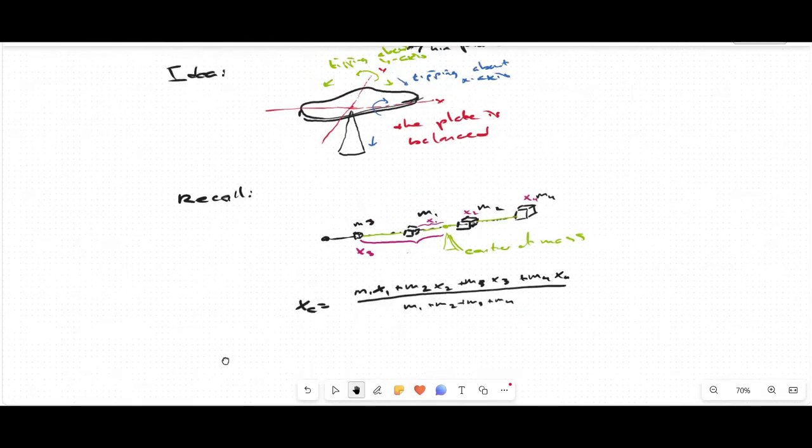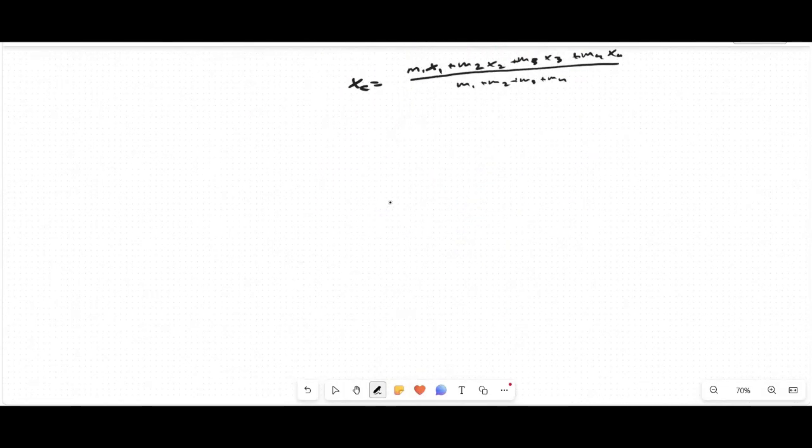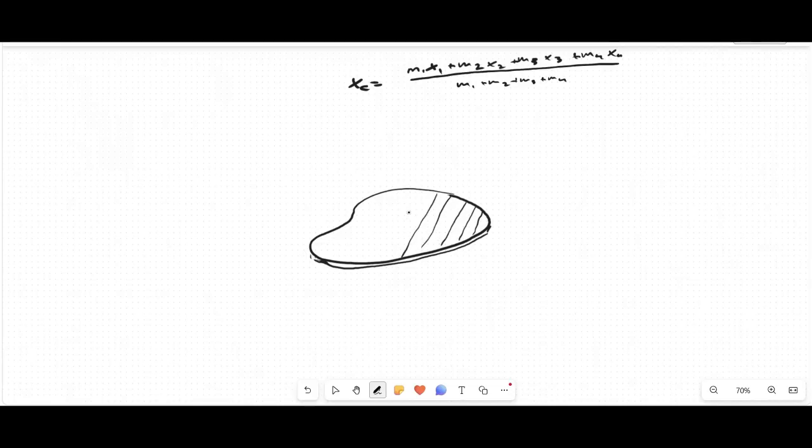Let me try to redraw my plate now. So here is another plate. This is integral calculus, so we're going to be decomposing things into small pieces and taking a limit of some sort. So let's imagine we've broken this plate up into lots of little pieces, and we isolate one of these pieces.